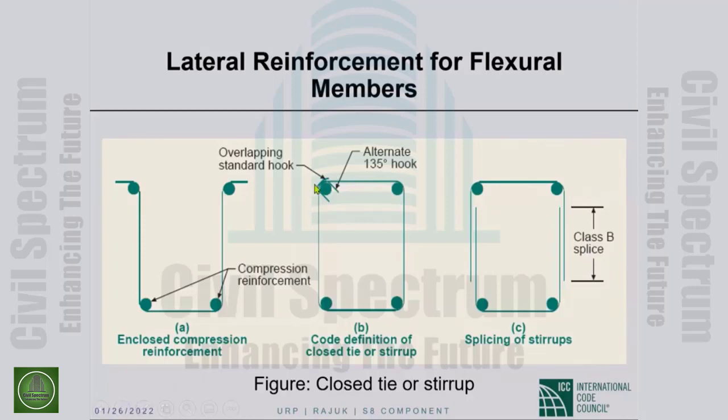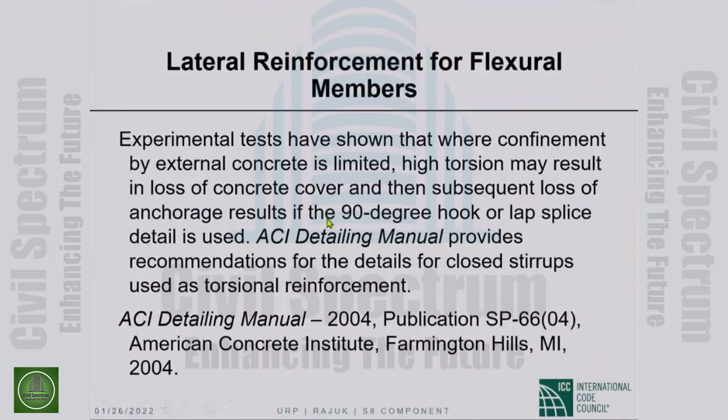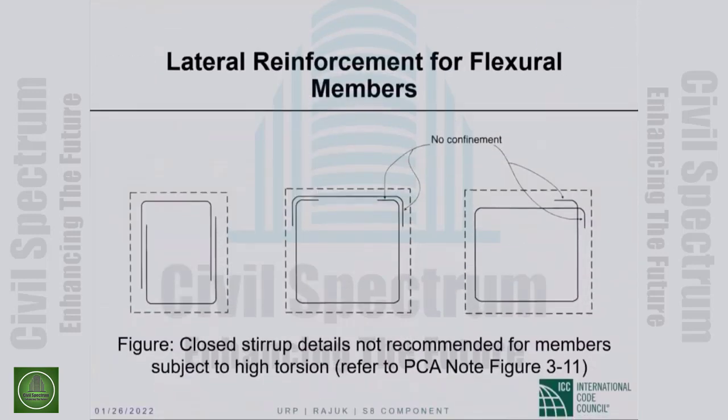You are much better off with this kind of transverse reinforcement in beams, as well as obviously in columns. This is required. Experimental tests have shown that where confinement by external concrete is limited, high torsion may result in loss of concrete cover, etc. This we have discussed.